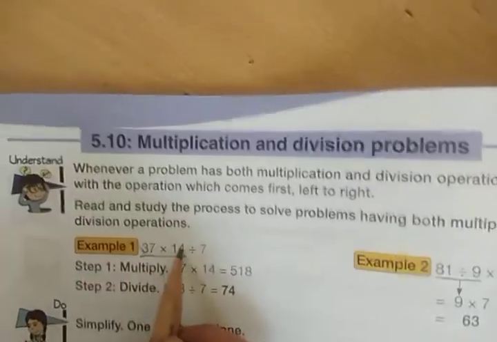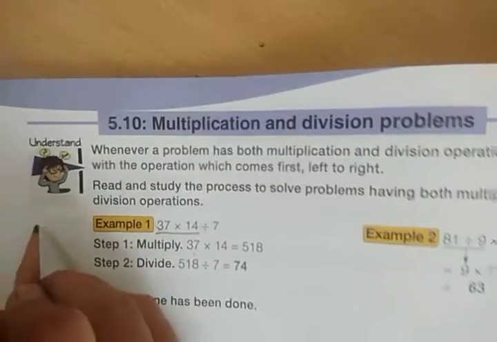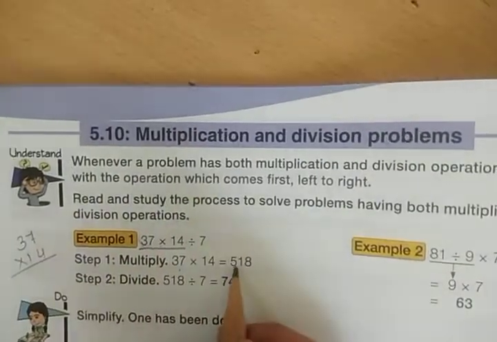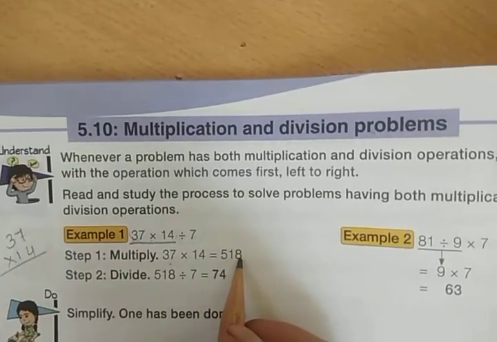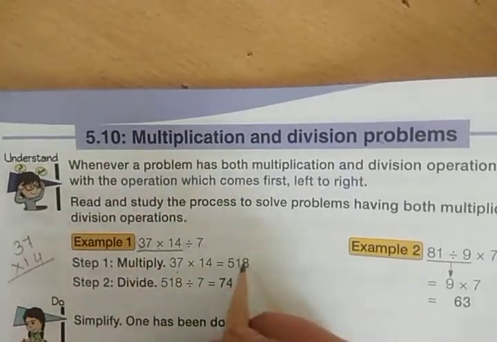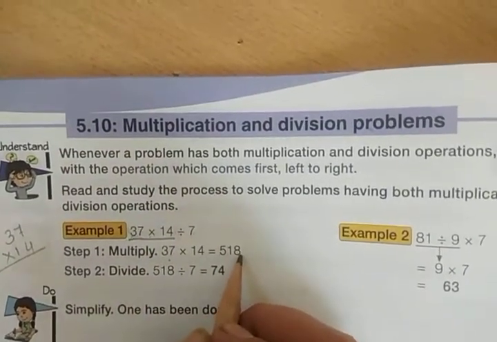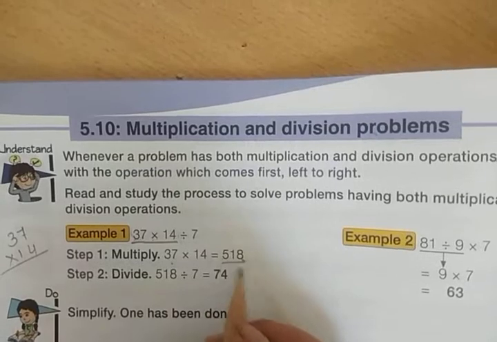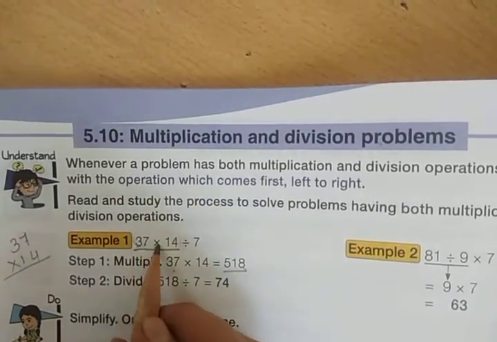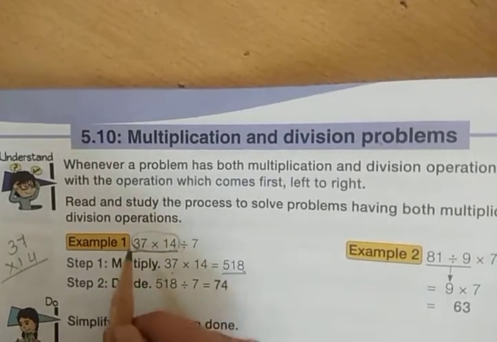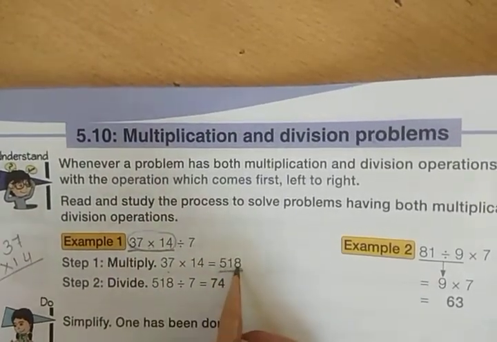If you do 37 multiplied by 14, you will get the answer 518 here. From this answer we got when we multiplied 37 and 14, now we have finished with these two numbers and we got 518 as the answer.